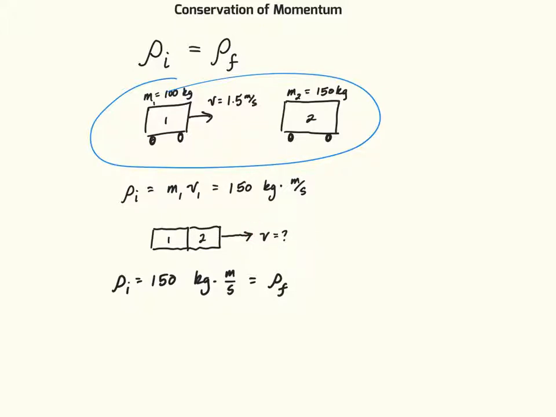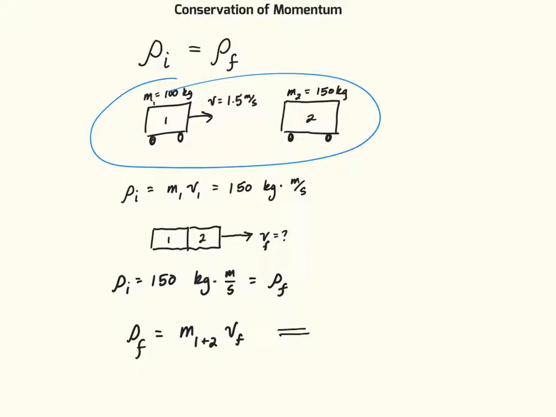If these two carts stick together, we can consider them to be just one object. So momentum final is going to equal the mass of 1 plus 2 times the velocity final. We can easily find the total mass by adding the masses of those two carts together, and then we can find the final velocity.